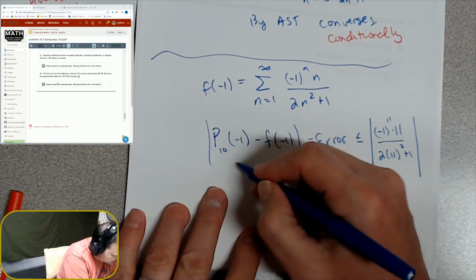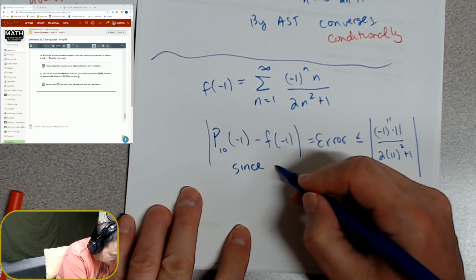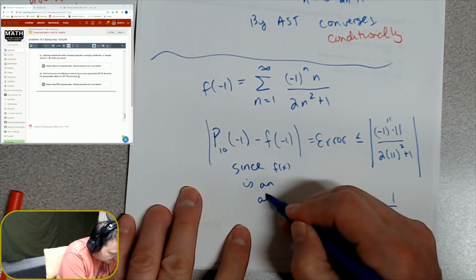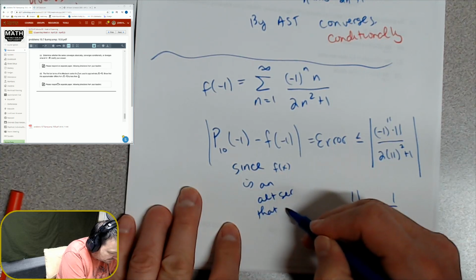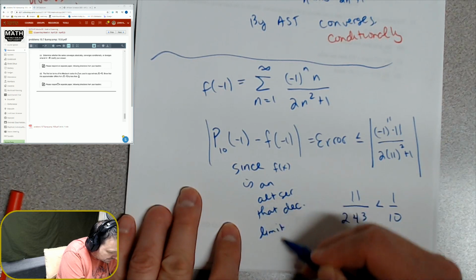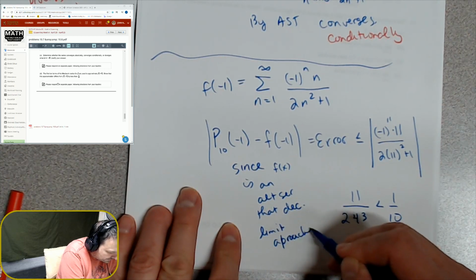And so we say, now here's our notation, since f of x is an alternating series that decreases and the limit approaches 0.